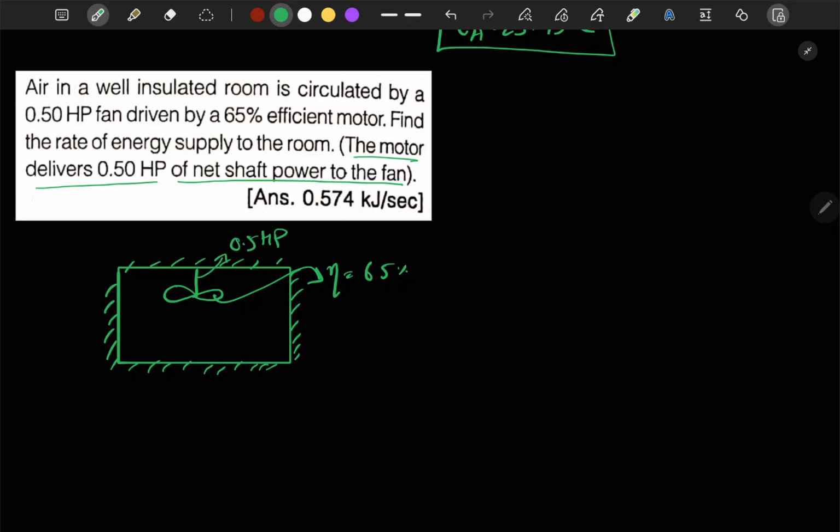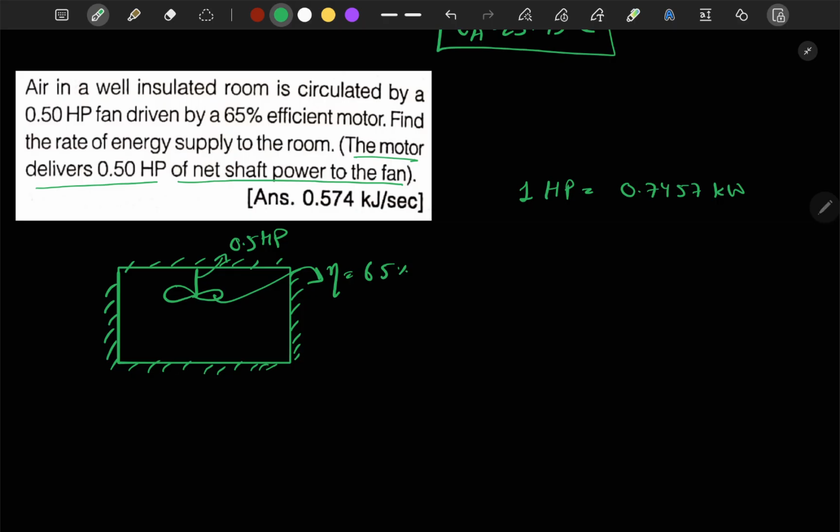The important point is, since the fan power is given in horsepower, we can convert it into kilowatts with the use of the formula: 1 horsepower is equal to 0.7457 kilowatt.